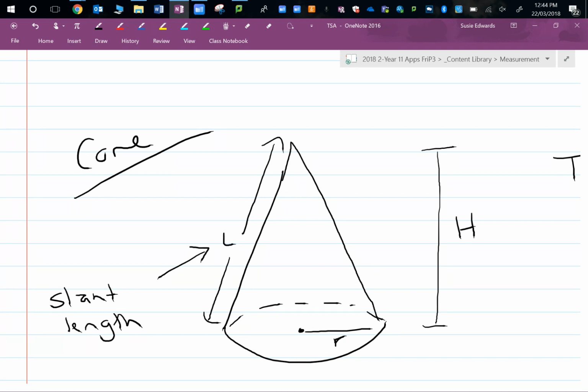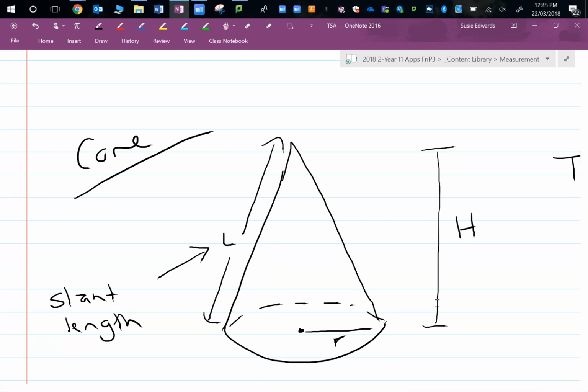Now, my question for you is, I'm telling you the slant length is in the formula. What happens if you didn't get given the slant length? If we have the height and we have the radius, we can actually use that to find it.